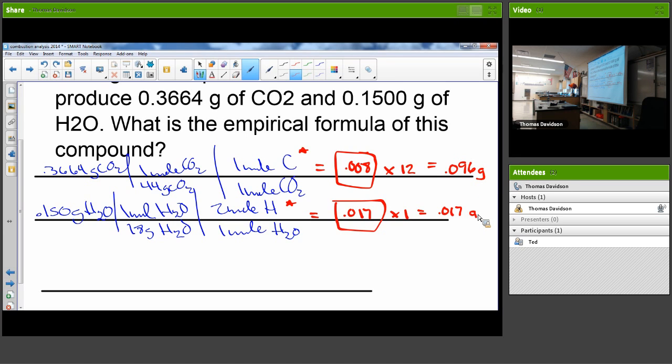Now, you do not have to do this step unless you have to find oxygen. And probably in the next 3 minutes, this may not make sense for some of you. All right, to find oxygen, we have to find the total grams of C and H. So I add these together, and I get a number. What is that number?